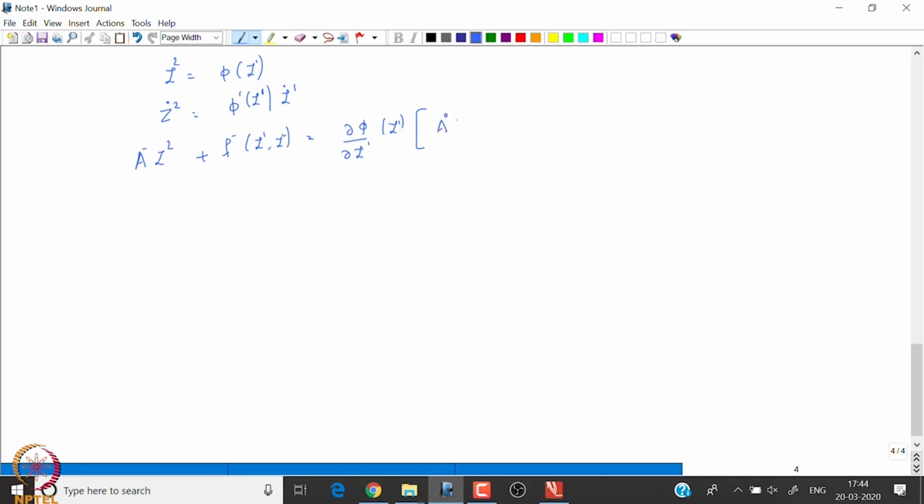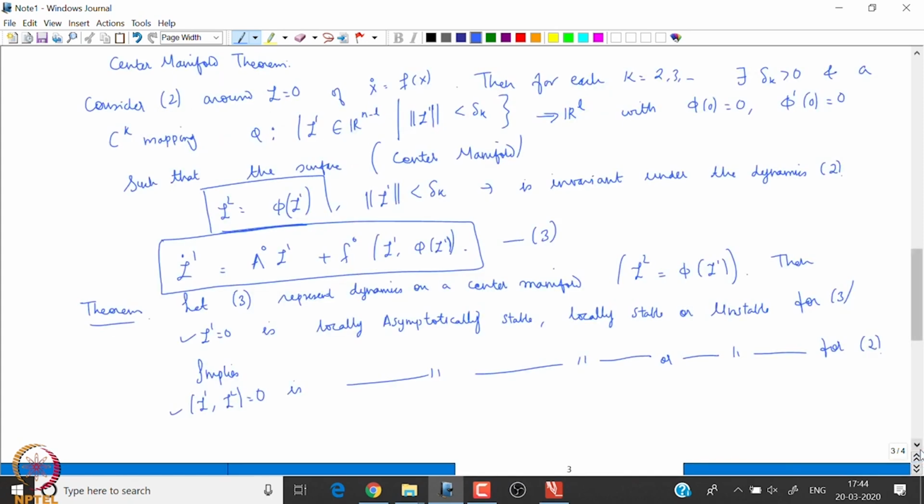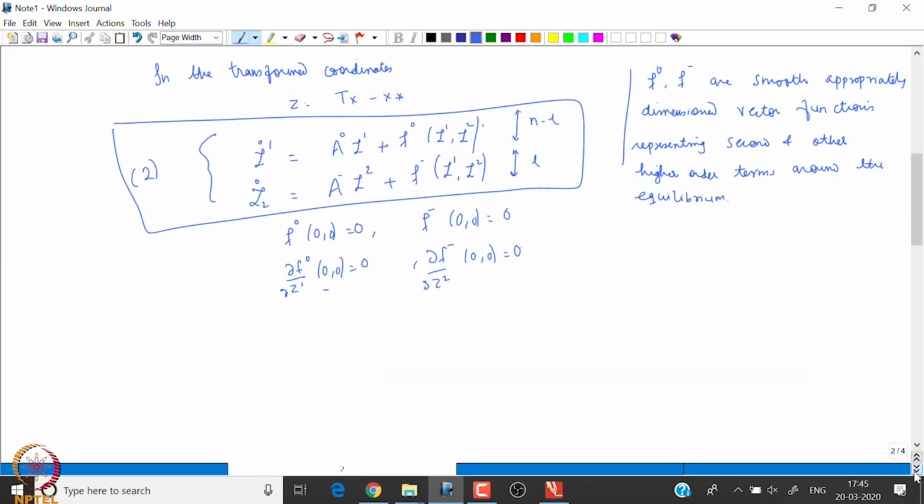This is A naught Z1 plus F naught Z1 Z2, okay, like this, right. So to arrive at system 3, right. So why do I want to do this? Because if I just evaluate stability of the system 3, then it will tell me the properties of the original system, which is given by the system with equation 2.